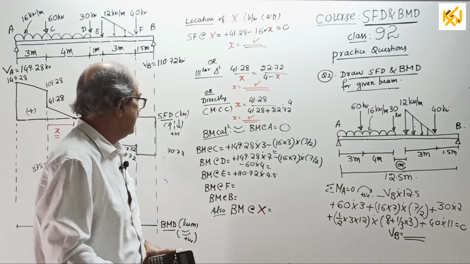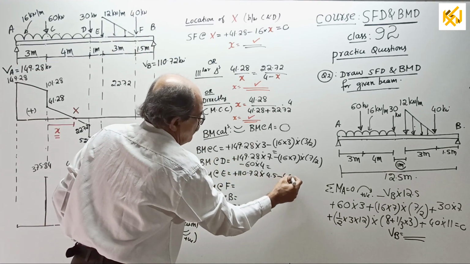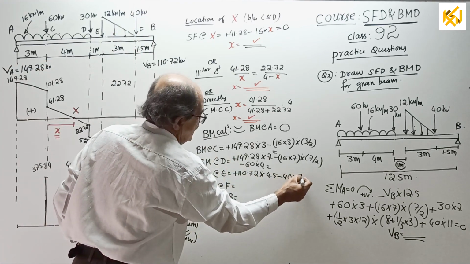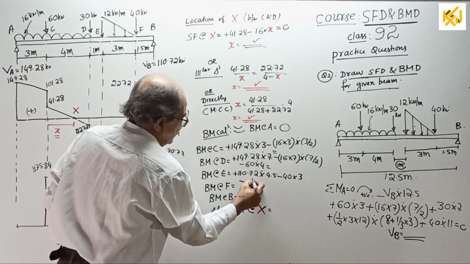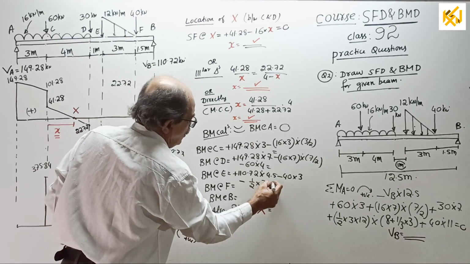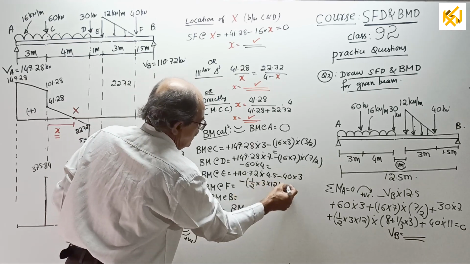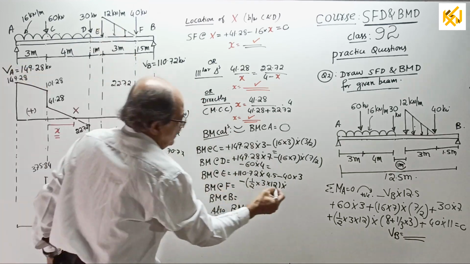Then into 4.5 minus 40 into 3, also minus moment of this load: half into 3 into 12 is the total load, into, it is acting here from here 1/3 of 3.